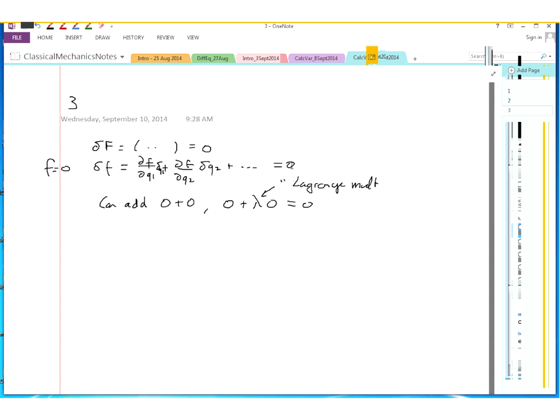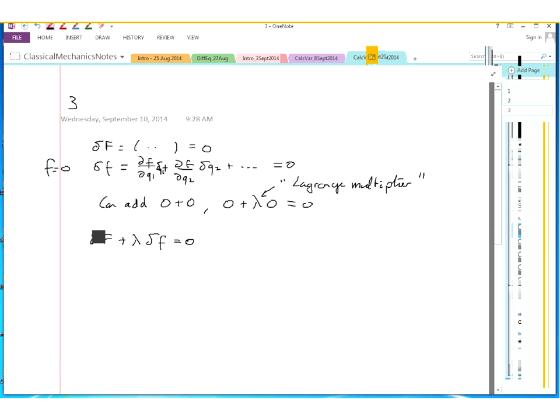It's a very clever technique that Lagrange came up with, and you'll see why it's so clever in a second. So what we do is delta F plus lambda times delta little f equals 0. That gives us an equation, right?